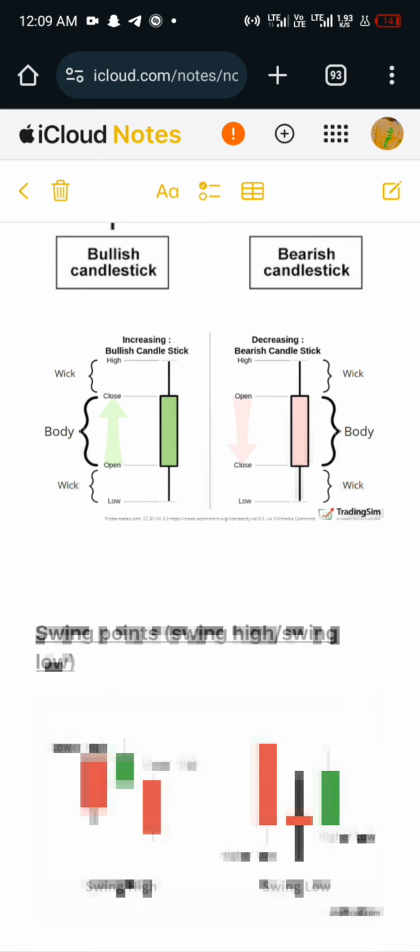Each of these individual candles will have an opening price. This is the bullish candle I'm describing, the one on the left. The opening, as you can see where it says open, then we have a low, then we make a move higher, and then we close after creating a high.